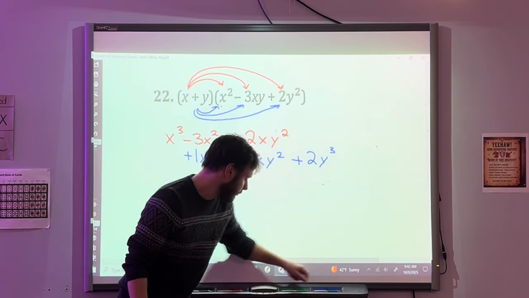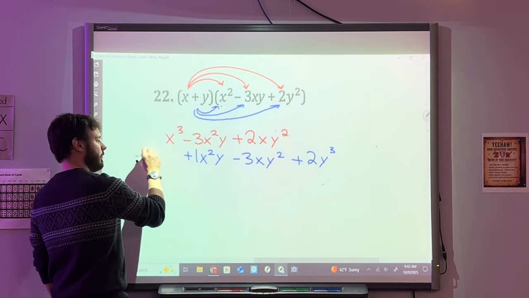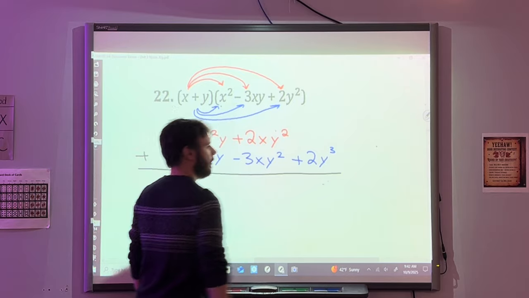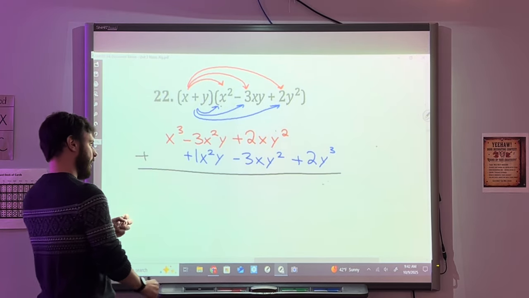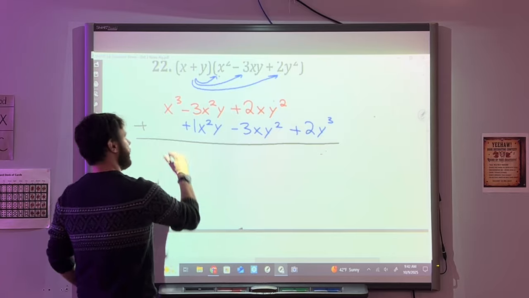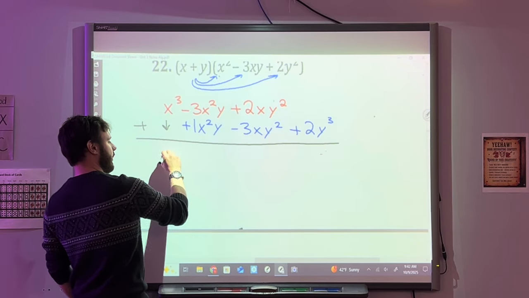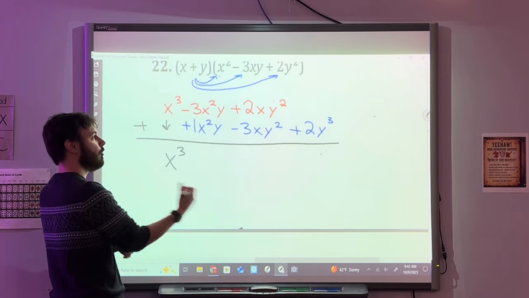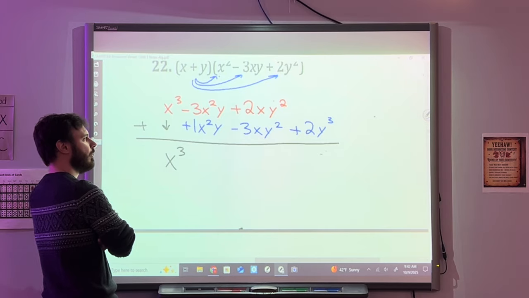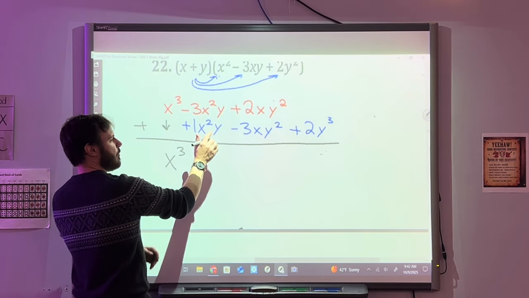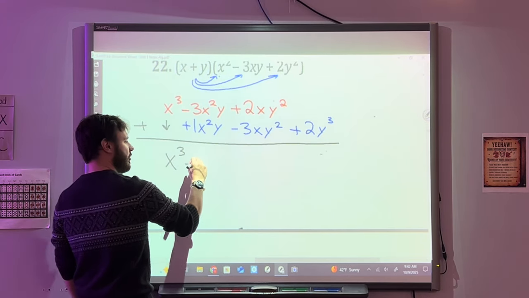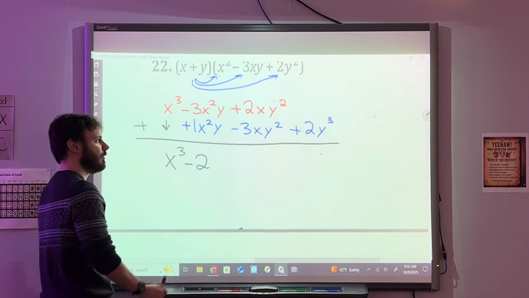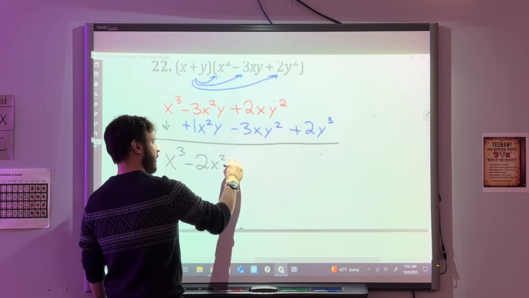Okay, with this method, we're gonna put it all together column style. I see x cubed is the only kind of x cubed, so it's coming down. Ignore the exponents. You have -3, you have +1, which means you have -2, and then the exponents come along with it.